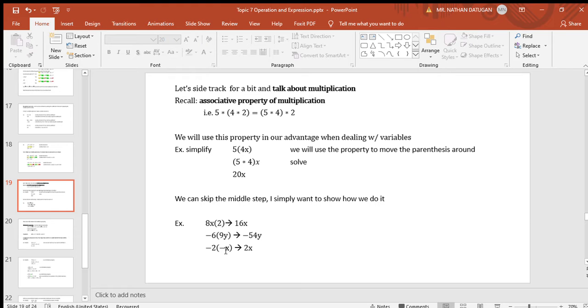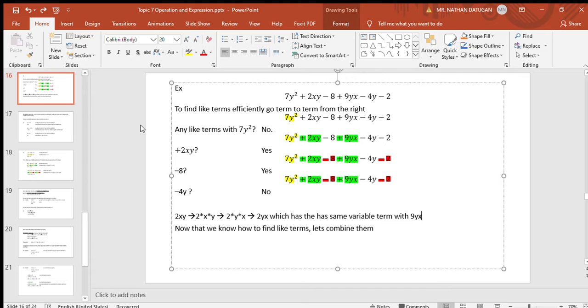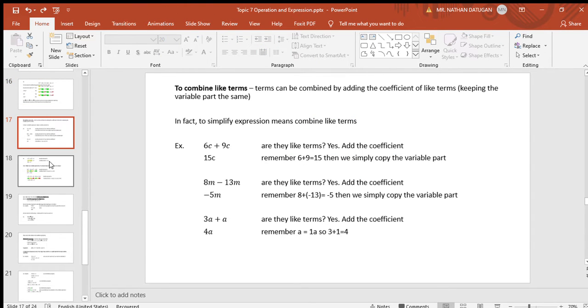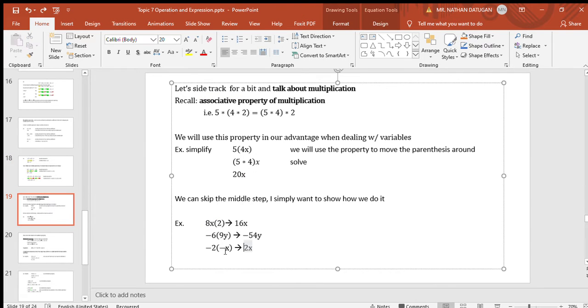Well, remember that this is basically negative 2 times negative 1, which is positive 2, and then we just copy x.